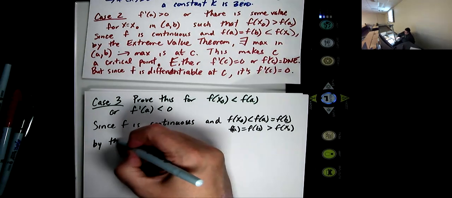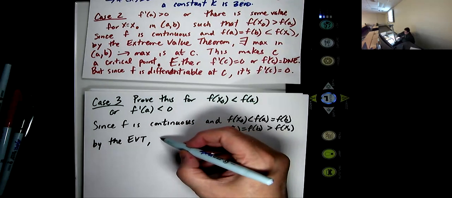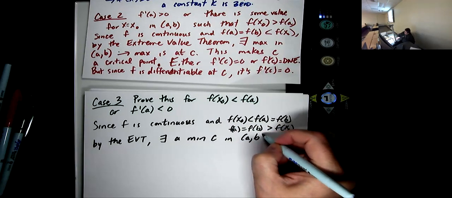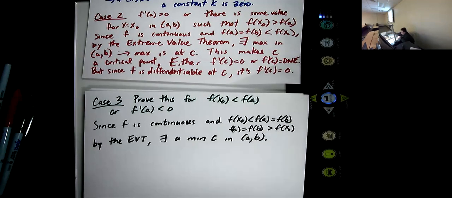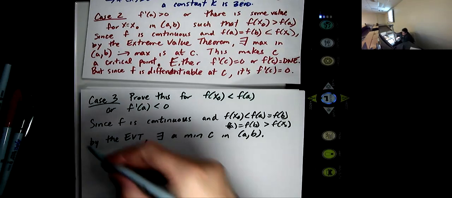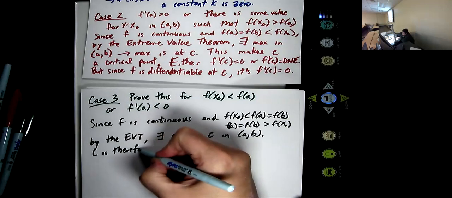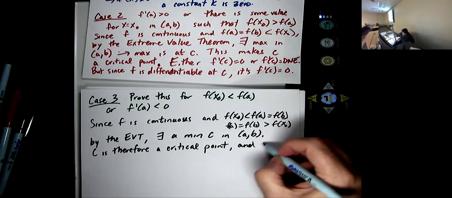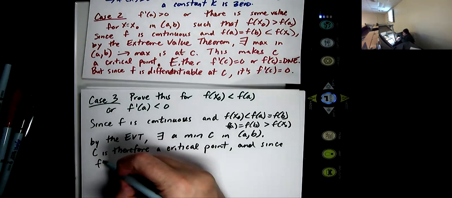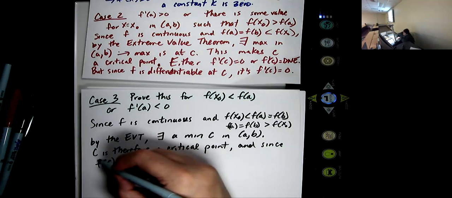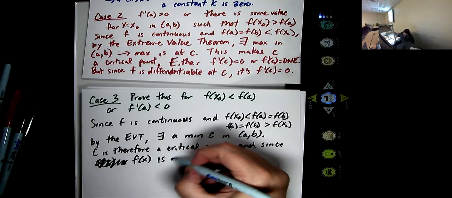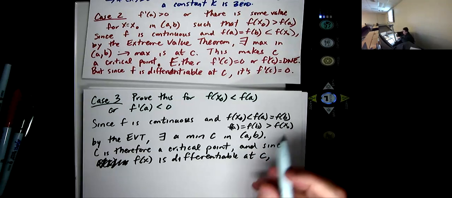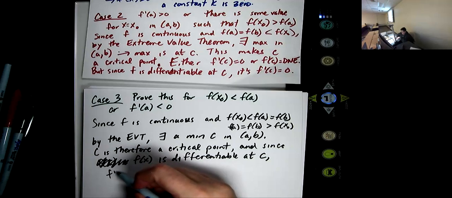By the extreme value theorem, there exists a min c in (a, b). c is therefore a critical point. And since f of x is differentiable there at c, f prime of c equals 0.